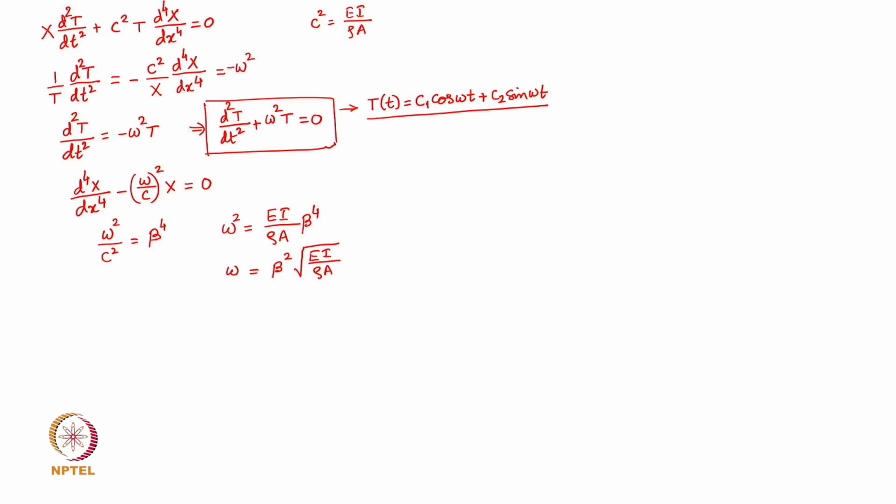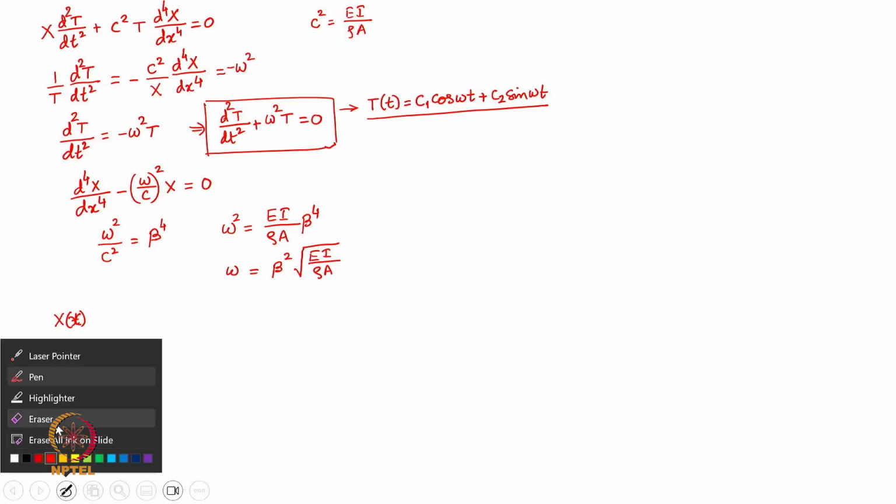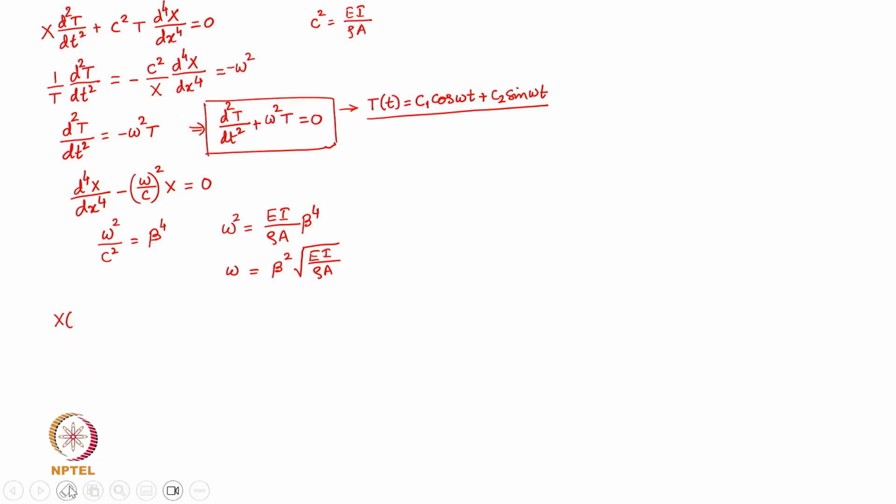And the x dependent function, that is capital X, as a function of x, will have to be written now. So we will write this capital X as C e to the power sx, as the standard solution to this equation.